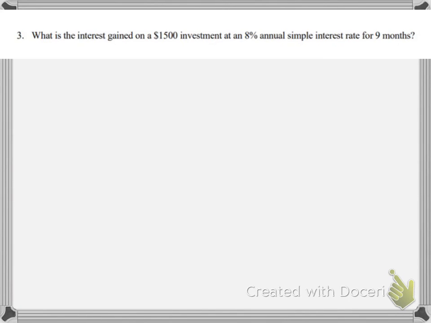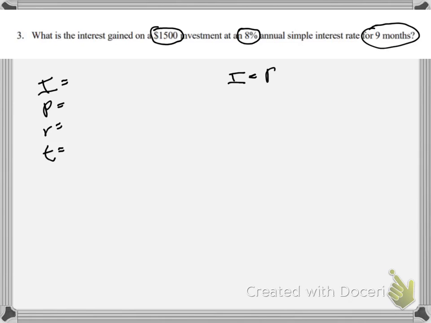This says, what is the interest gained on a $1,500 investment at 8% annual interest for 9 months? Okay, so again, I always go through and identify I, P, R, and T. And I always go ahead and write down my equation because I know I'm going to need it. Again, if you're comfortable doing so, pause the video, see if you can identify these variables, and then unpause it, see if you were right.